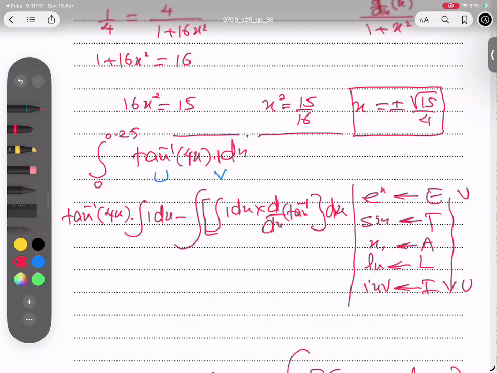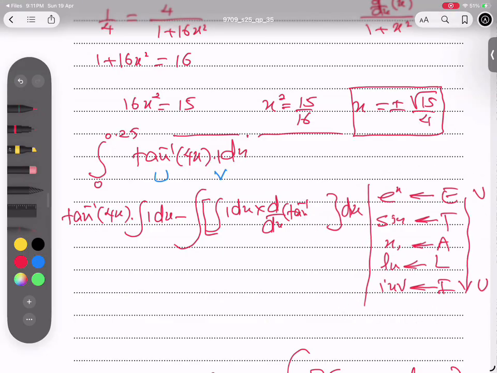And wait a minute, maybe a problem space. So I'm writing now here tan inverse 4x. So this is done. And what is integration of 1? It is x. So write x here before, no problem at all. I'm writing before.